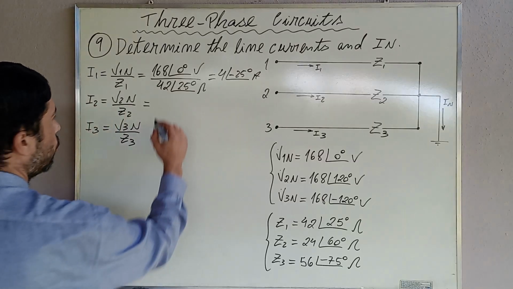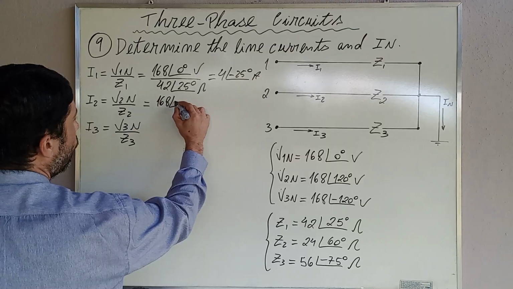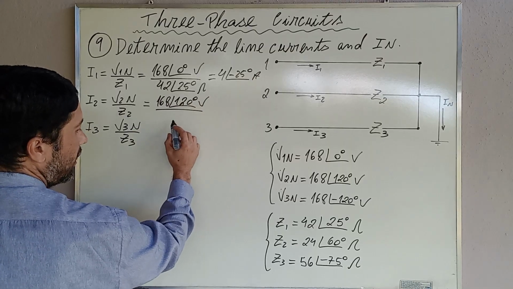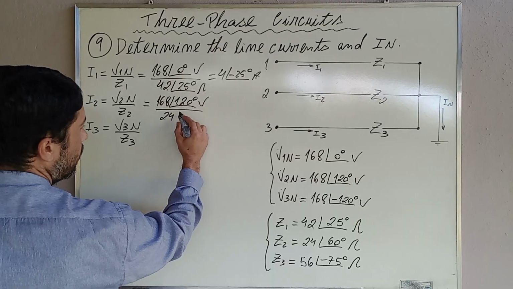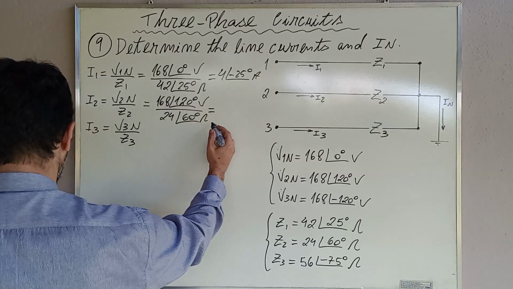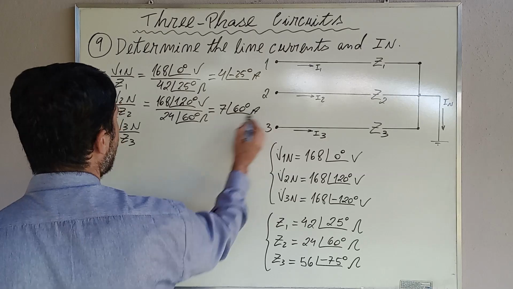I2 is equal to 168 phase 120 degrees volts divided by 24 phase 60 degrees ohms, and this is equal to 7 phase 60 degrees amps.